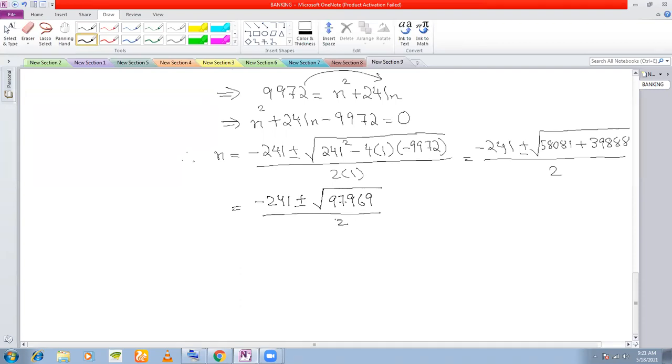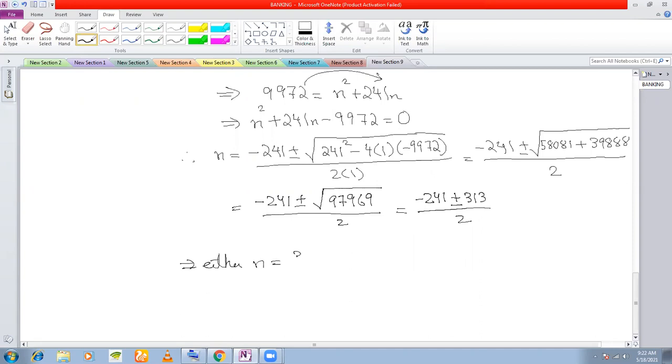And now if you take the square root of this, you can find out the square root by division method. It will be 313 divided by 2. So now we can find out the values of n.